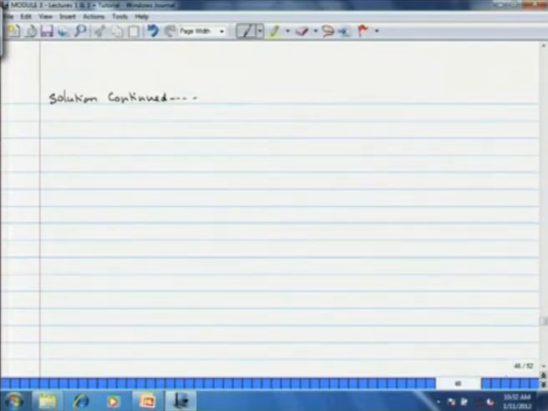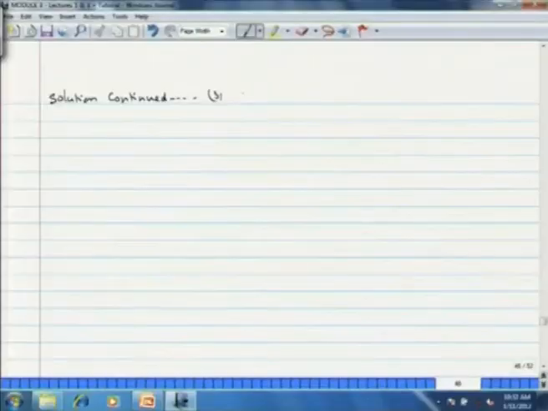Now the third question. In the third question, we have two problems. First is to find out the volume of the CSTR, and then we have to find out the cost. So we first go for the volume. Now here again we take the basic governing equation.